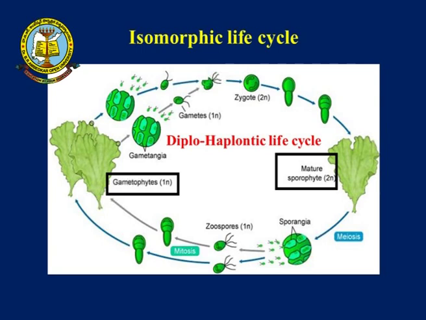From the male gametangium male gametes develop, from the female gametangium female gametes develop. Both male and female gametes fertilize, as a result a diploid zygote is formed, and this diploid zygote develops again into the sporophytic thallus. So we start with the sporophytic thallus and again form the sporophytic thallus. This is the isomorphic life cycle.